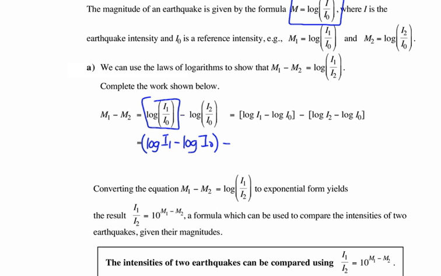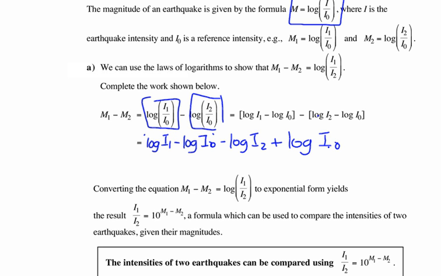Do you see how they did that for us already? And this guy, we're going to use quotient. I2 minus I0. So what are we going to do with this negative here? We've got to distribute it. So it becomes a minus log of I2 plus log of our reference intensity.